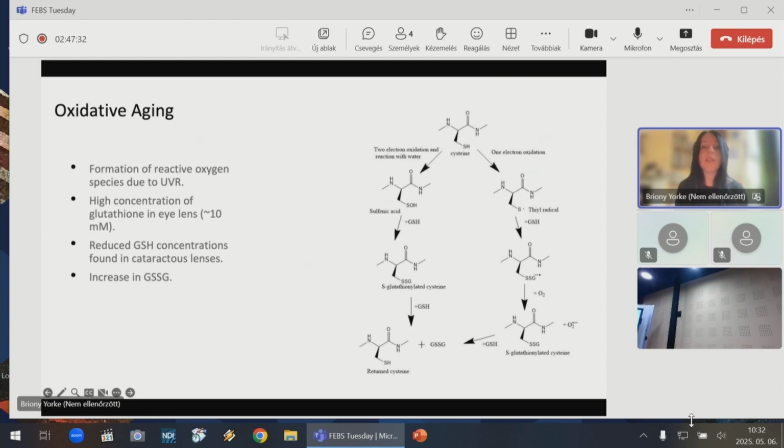This is quite interesting, as sulfenic acid is supposed to be very unstable and is either further oxidized or reduced by GSH back down to cysteine. Over time, what tends to happen is the concentration of glutathione is reduced and we get an increase in the oxidized dimer GSSG. And this GSSG will then bind to sulfenic acid for long periods of time if the concentration of GSH to reverse that binding is lower.